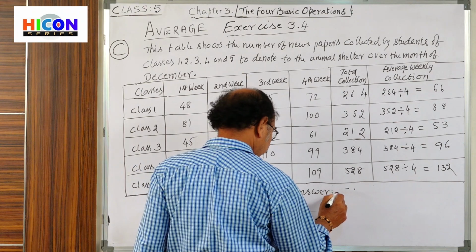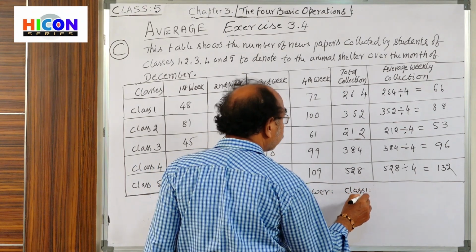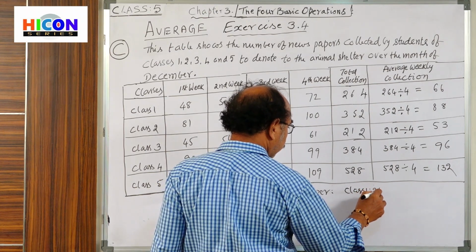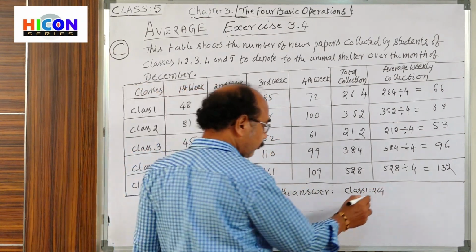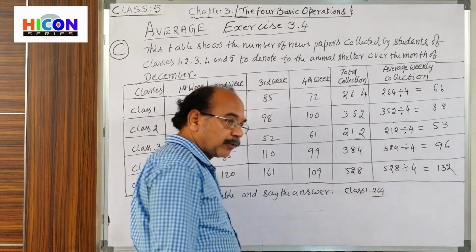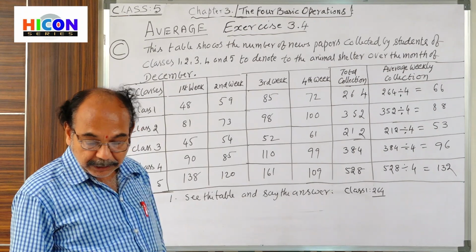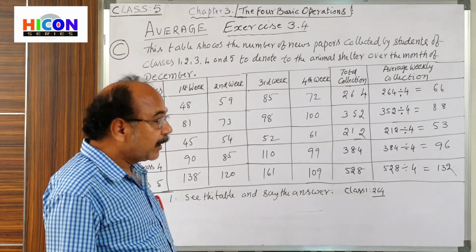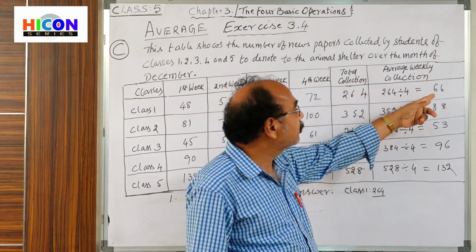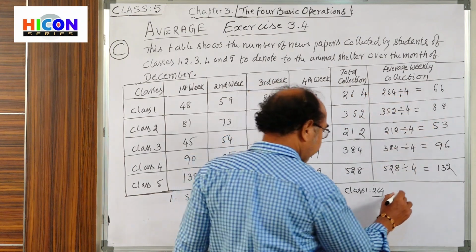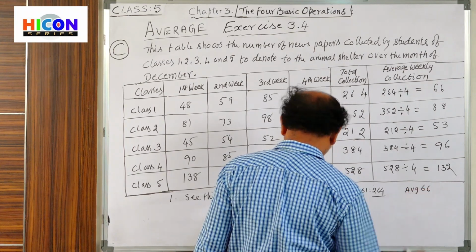Class 1, 264. That is the total collection. Now, the average. Average means you divide 264 by 4. How much did you get? 66. So average 66.